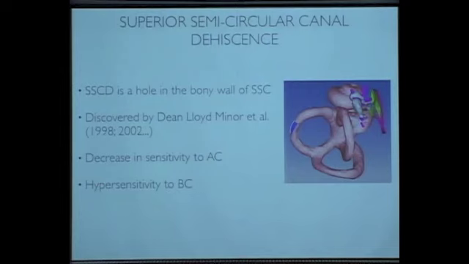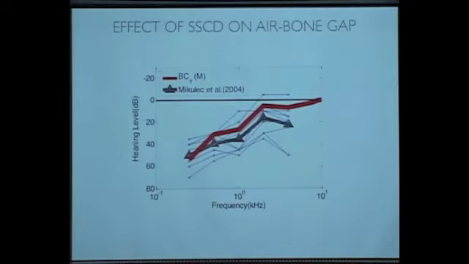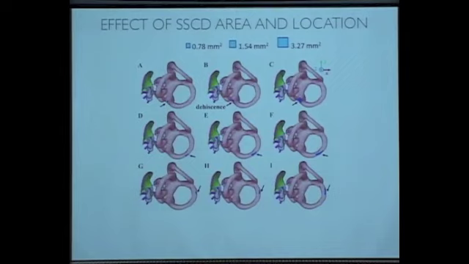There's data on the air-bone gap by Minor's group when he was in Baltimore on individuals and means, and our model is actually pretty consistent with the calculations of the air-bone gap in this model with this dehiscence. And we could do all kinds of things with that. For example, we could look at the effect of the location of dehiscence and the size of the dehiscence, which is something we're working on as well.